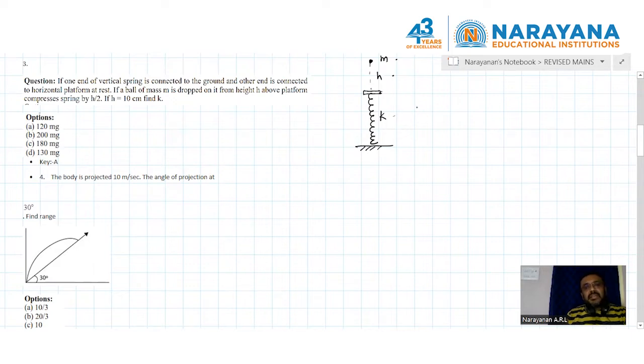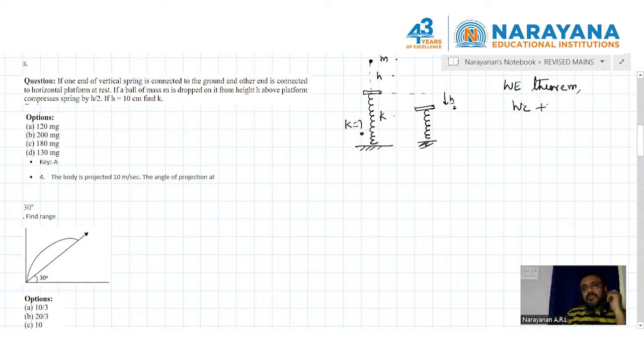As a result, the spring gets compressed by h by 2. Now we need to calculate the value of K. In order to calculate the value of K, we use the work energy theorem.